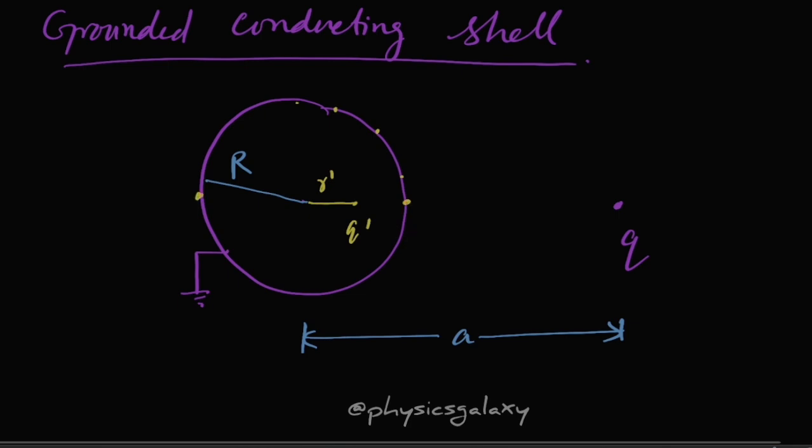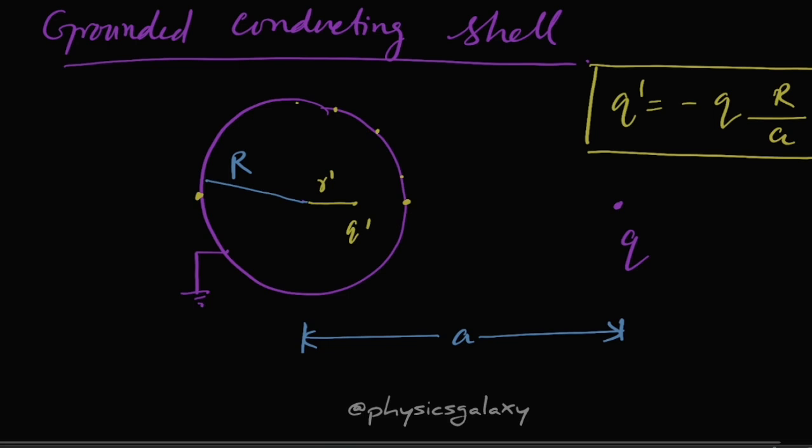If you solve that whole algebra, you will get q dash equals minus q times R divided by a, and similarly r dash will be R squared by a.